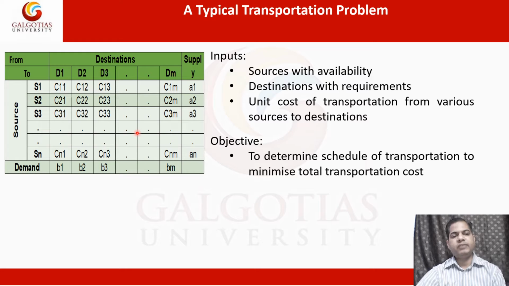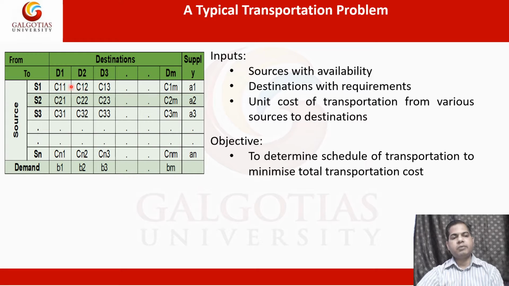Now, if I explain this table, S1 is my first source, and I have to transport A1 units, which is the maximum availability or capacity of this source, to the different destinations. It's not that I will transport all of A1 to D1 or all of A1 to D2.